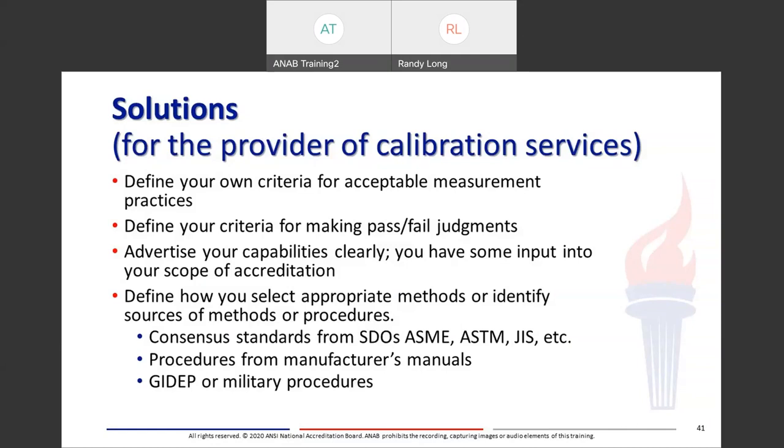You should define how you select appropriate methods or identify sources of methods and procedures. Consensus standards from standards developers like ASME, ASTM, JIS, etc. are always good. Procedures from manufacturers' manuals are good. And then if you have certain contracts, the GUIDEP or military procedures are actually very well written as well.